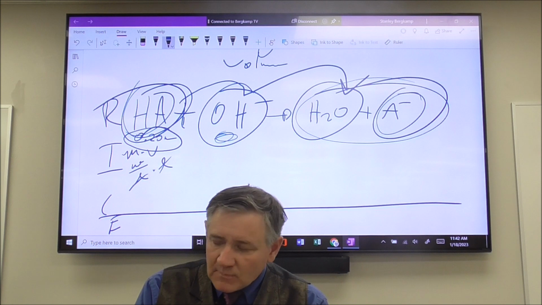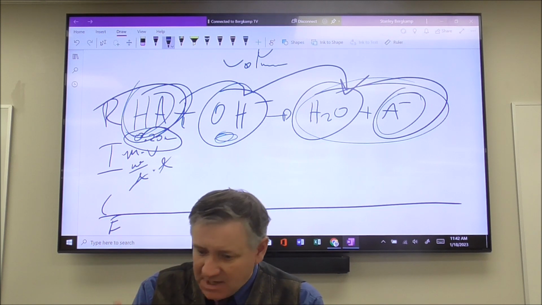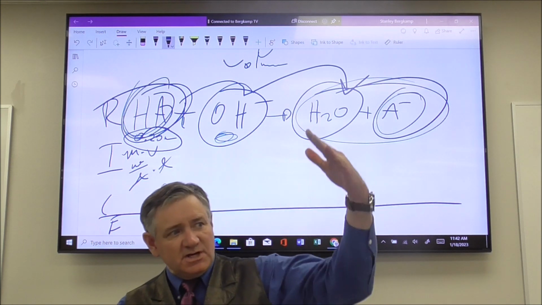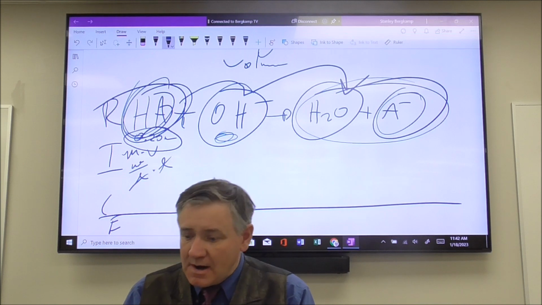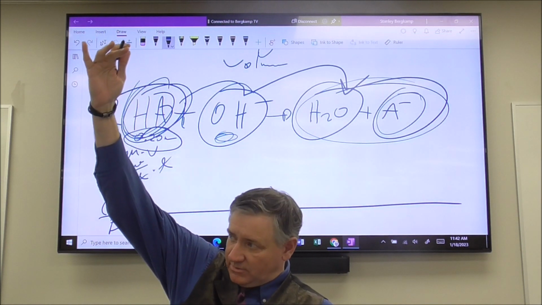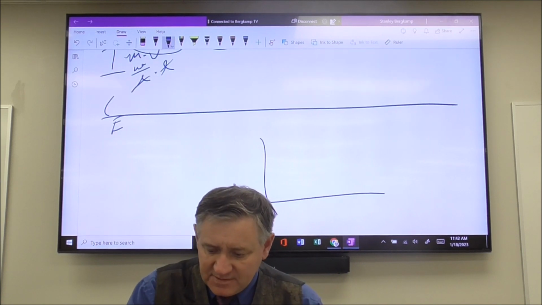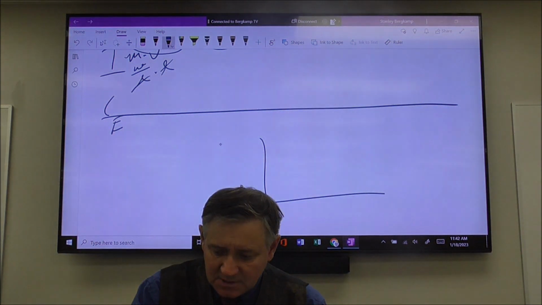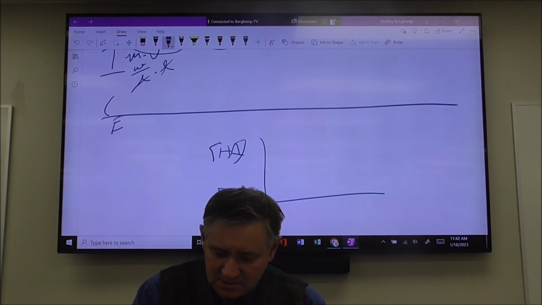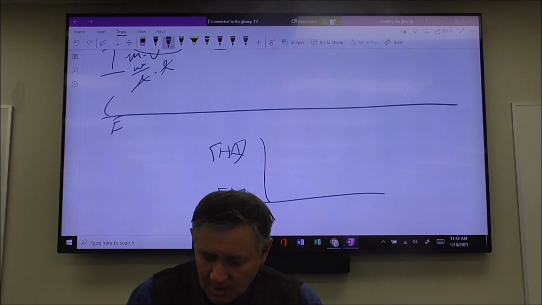Over a period of time, the concentration of my acid is going to drop, and the concentration of my anion is going to increase. If you were to draw a graph versus time, this would be the concentration of your HA, and this the concentration of your anion. One goes down, the other goes up.